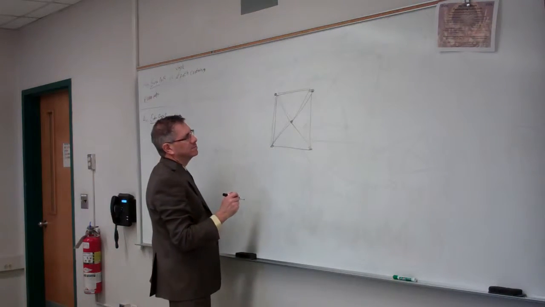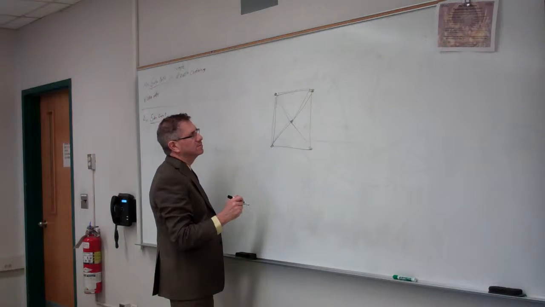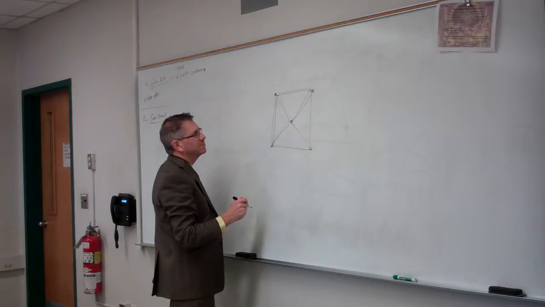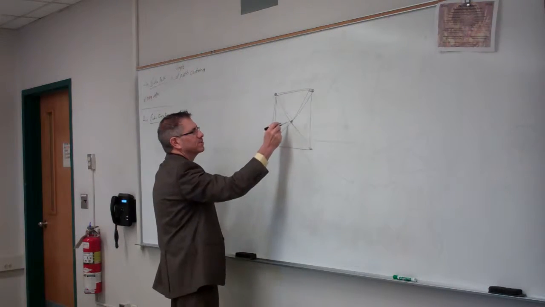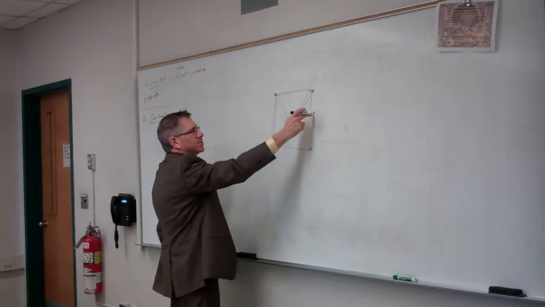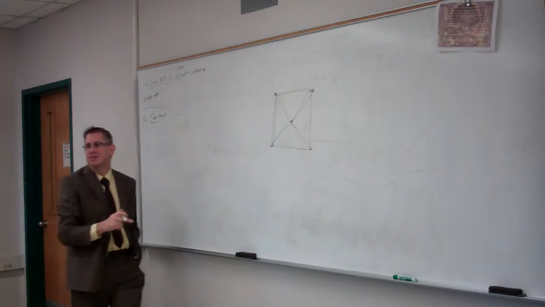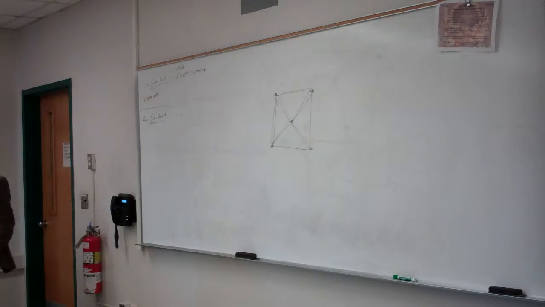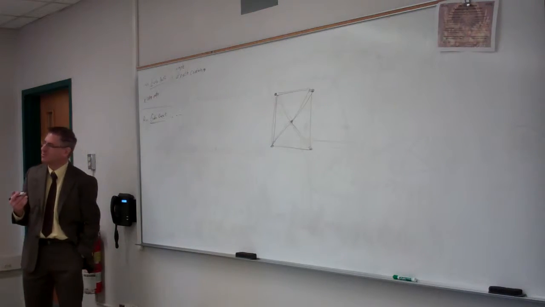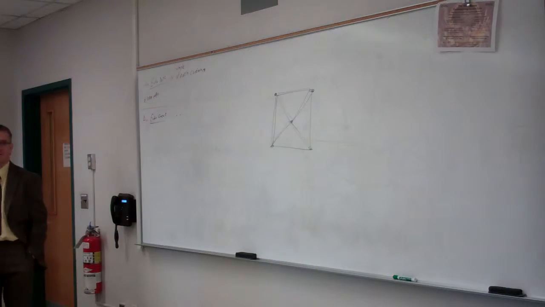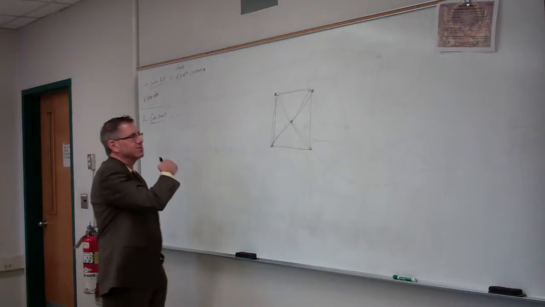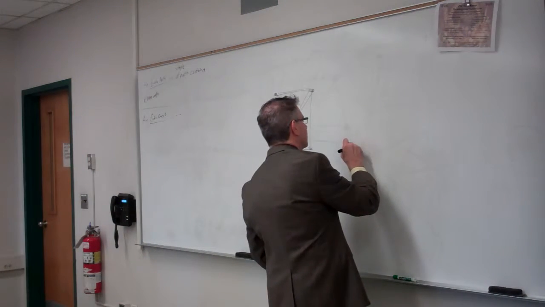It's like drawing a house without lifting your pencil, right? Yeah, exactly. You're going to come off. It's going to be close, but we're not going to be able to cover this edge and this edge in this case. Now, that doesn't prove that there's no such path, but if you mess with it, you'll probably be convinced that there's no way to draw an Euler path. And if there's no path, there can't be a circuit, because a circuit is an Euler path that also has its starting and ending points the same.